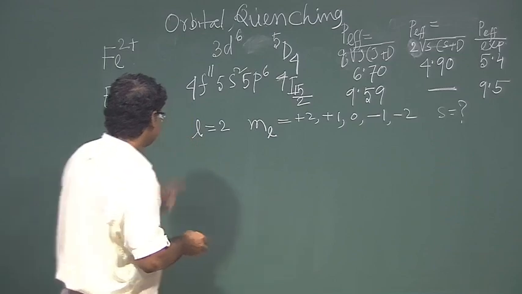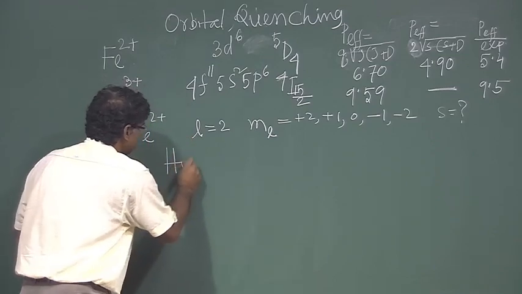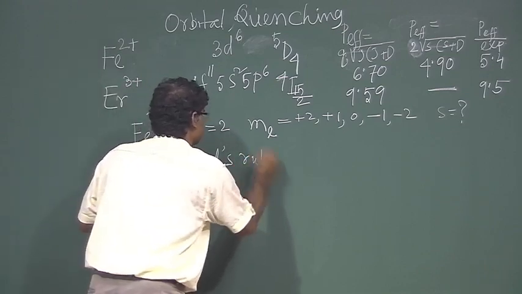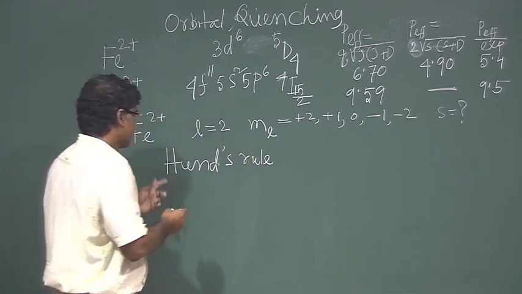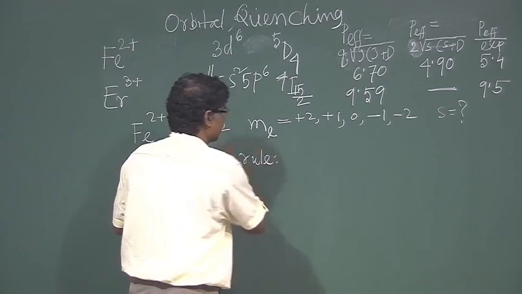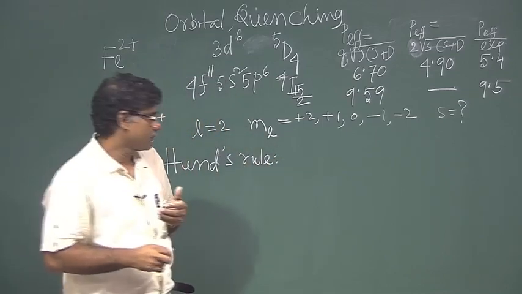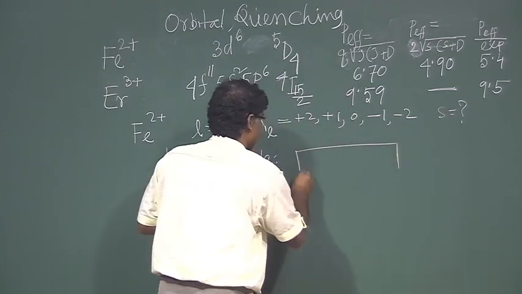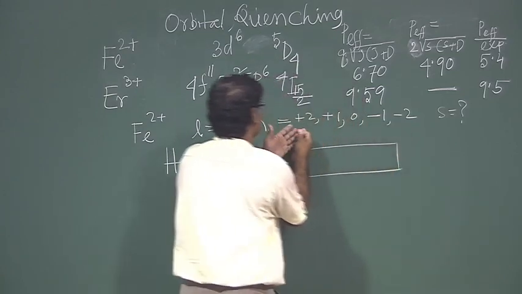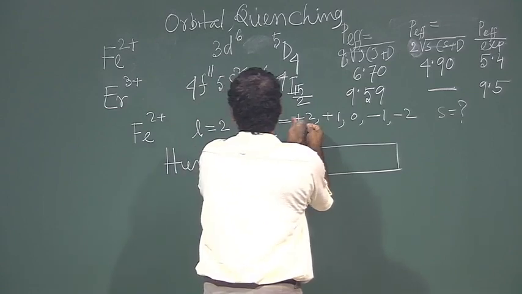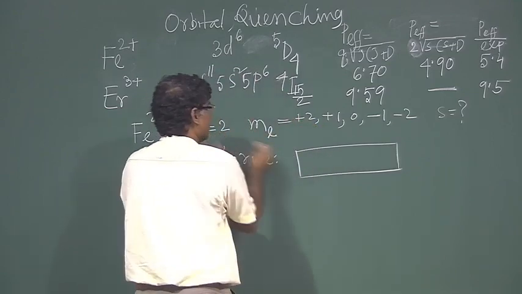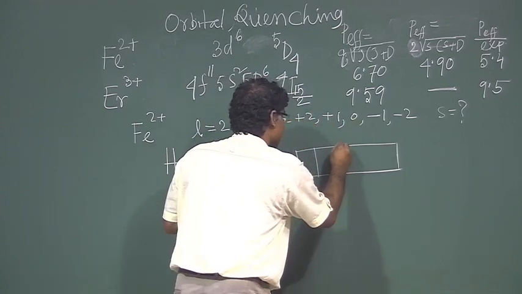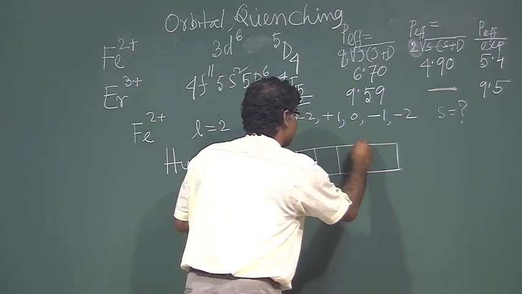Now, Hund's rule, this first rule, is telling that you arrange. For L equal to 2, I have 5 ml values, means 5 states, right.